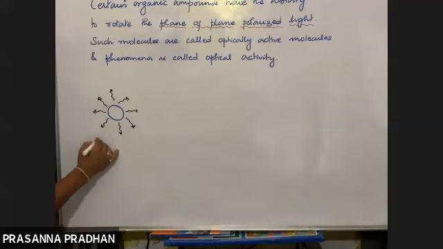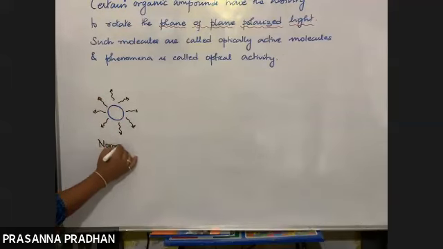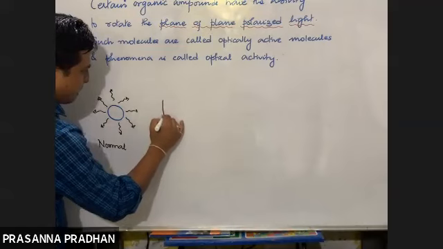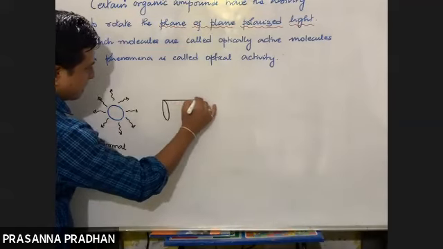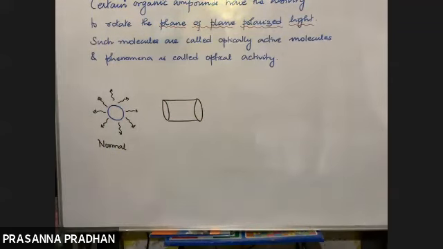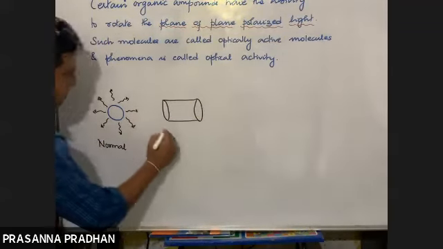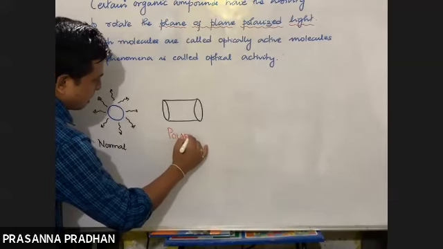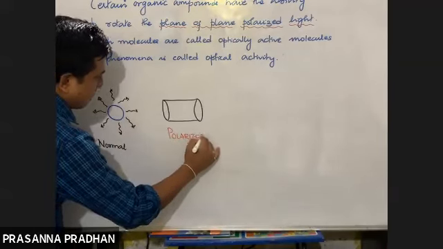Okay, so this is a normal source of light. Now, when such lights pass through an instrument known as a polarizer, what happens then?